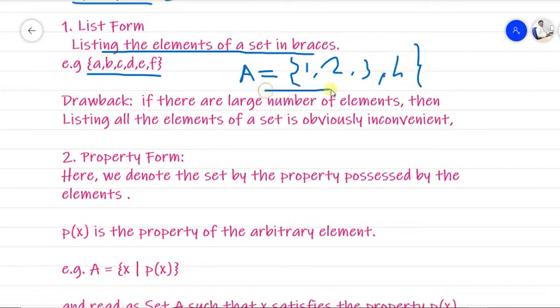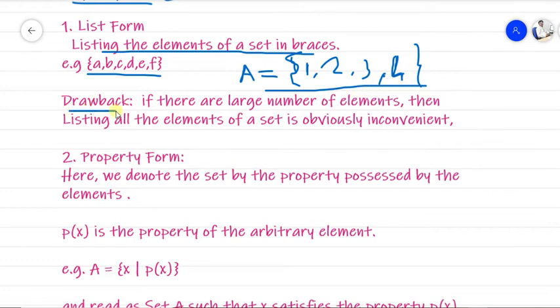This becomes my list form of set theory. So the list form is nothing but the listing of all the elements of a set in a brace.